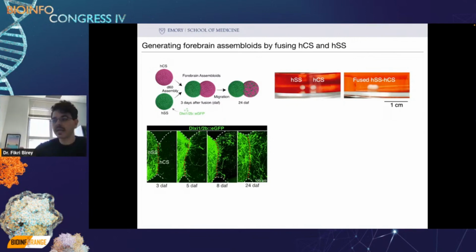And then we started tracking these interneurons. That was the first thing we started looking at, the migration of interneurons from the subpallial to the cortical side. And then we used this virus that is specifically expressed in interneurons, a DLX1/2b GFP reporter vector here.